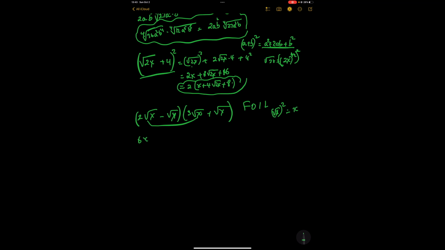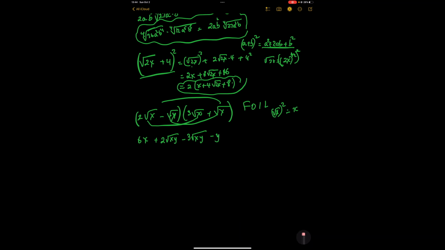So that'll be 6x. 2 square root of x times square root of y will be equal to 2 square root of xy, minus the square root of y times 3 square root of x will be 3 square root of xy, and square root of y times square root of y will be equal to y.